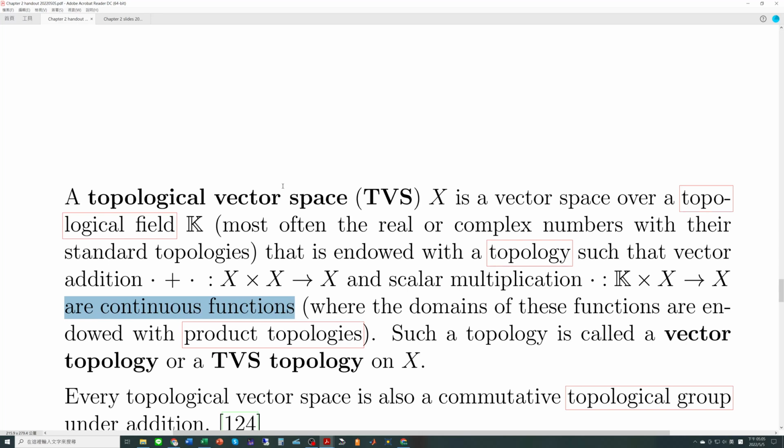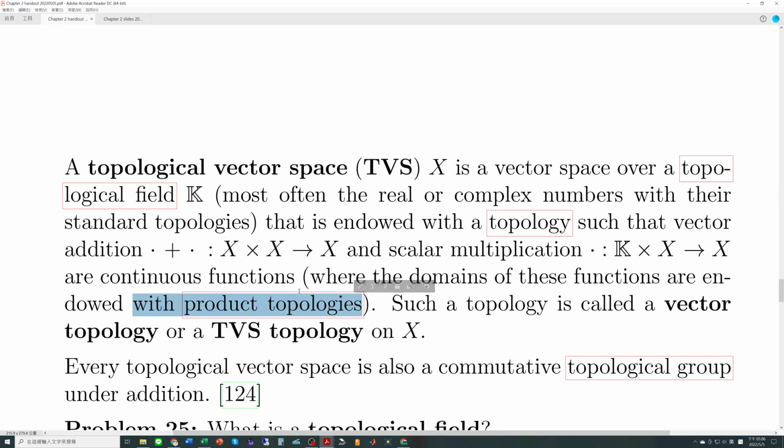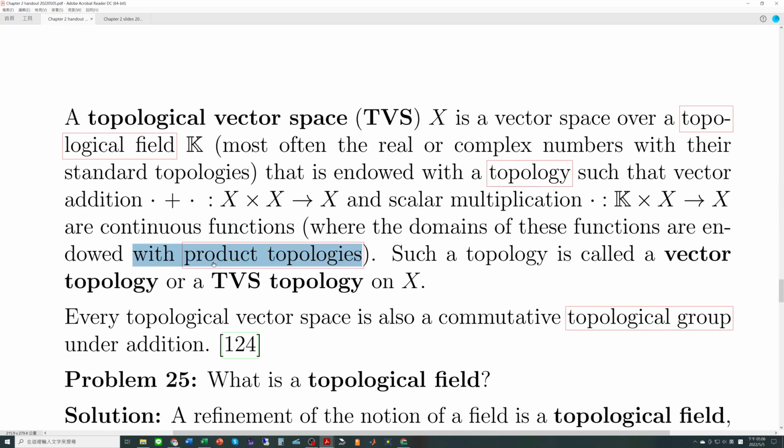If you forget, please refer to the textbook of the course calculus. The domains of these functions are endowed with product topologies. We will introduce what a product topology is later. Such a topology is called a vector topology or a TVS topology on X.